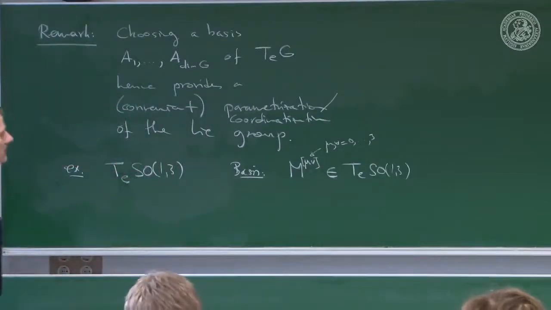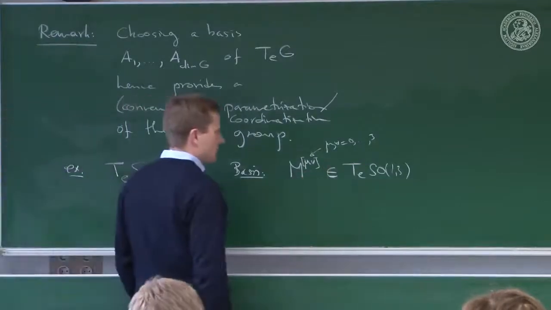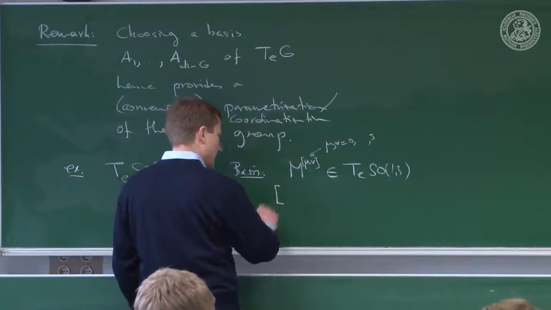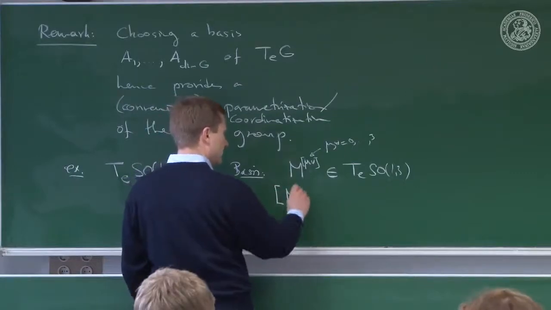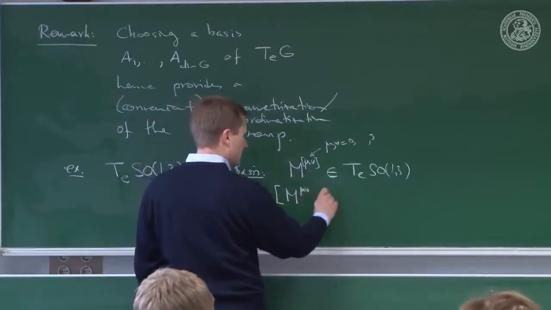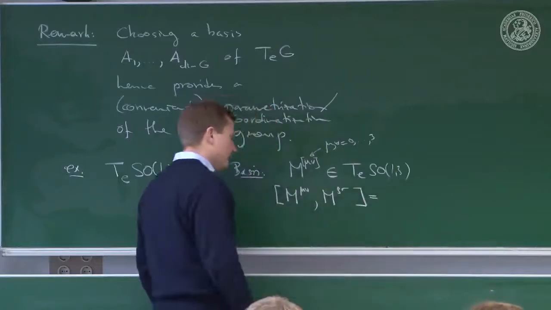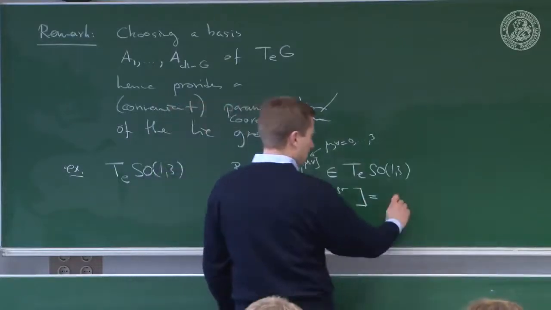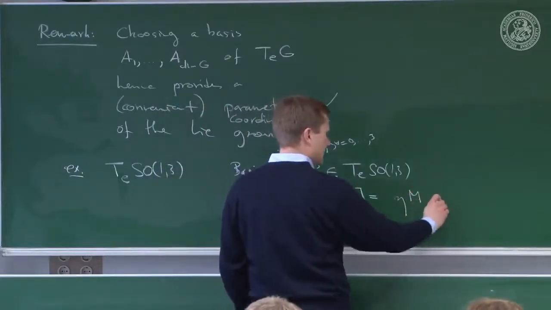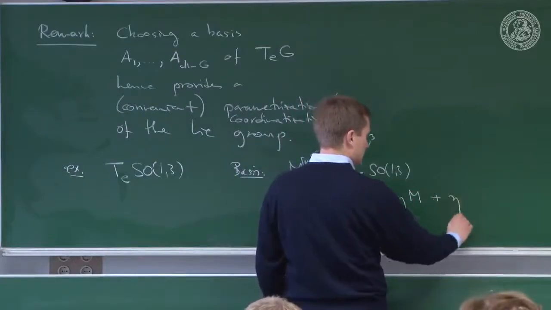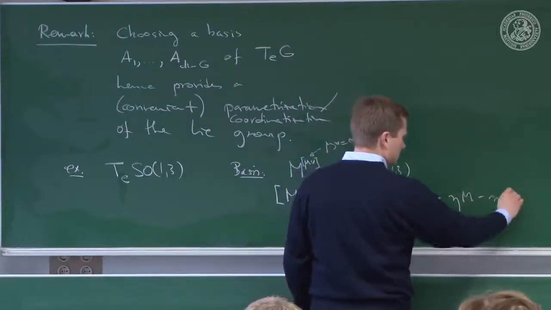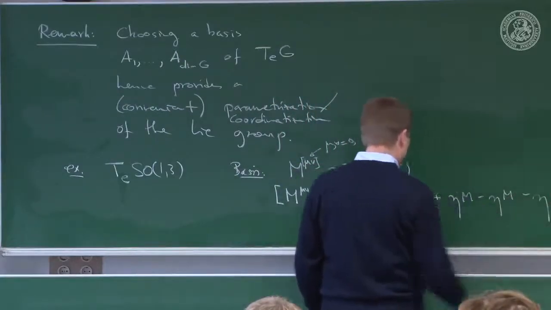Okay. And, well, they have to satisfy a certain algebra. So you can ask what kind of algebra the M^{μν} with the M^{ρσ} satisfy. And if I remember correctly, that's some η^{μρ}M^{νσ} plus η^{νσ}M^{μρ} minus η^{μσ}M^{νρ} minus η^{νρ}M^{μσ}.